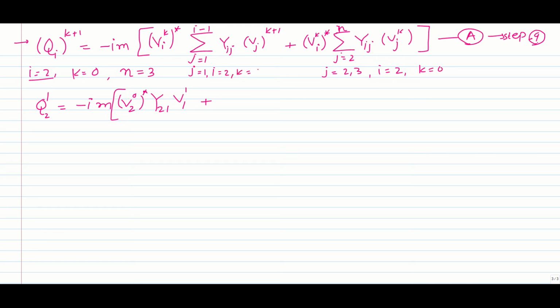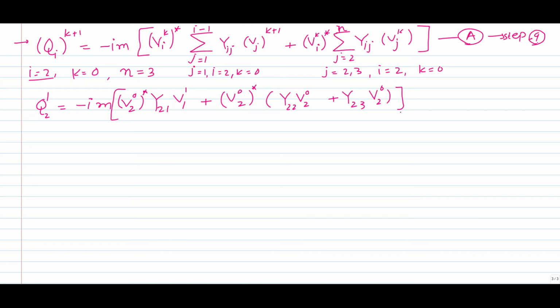So for both values we will write V2 0 star into the bracket: for j equal to 2, it is Y22 V2 0, plus Y23 as the value of j is 3, V3 0.